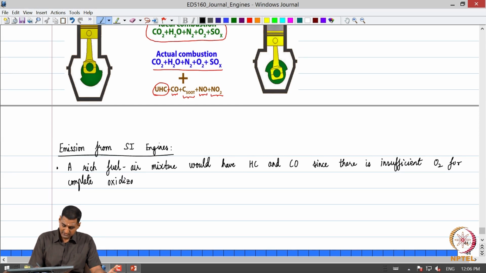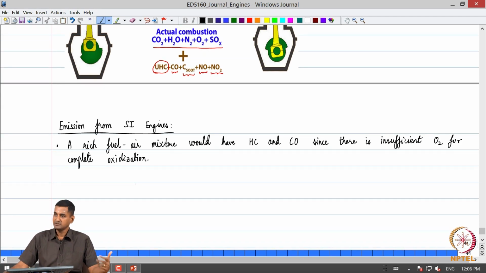So the oxidation process is not complete, and essentially we are going to have unburnt hydrocarbons and carbon monoxide present in the engine exhaust.